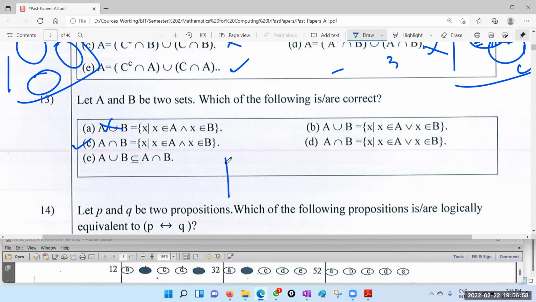It is the other way around. A union B is this one, and you can't say it is inside A intersection B, which is this part. So this is wrong. The next one is by definition correct: A union B is belong to A or belong to B. Intersection must be 'and'. Answer is B and C.